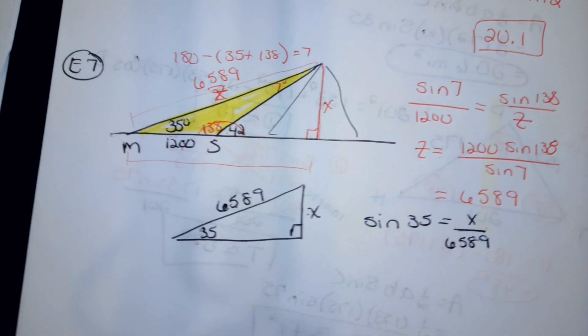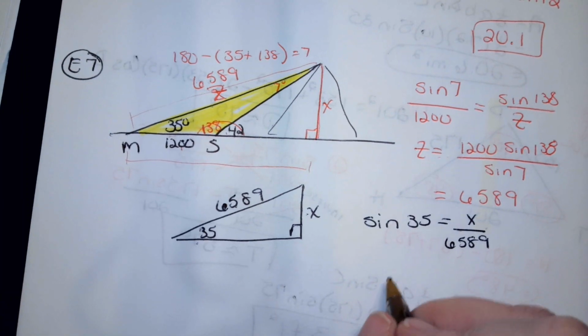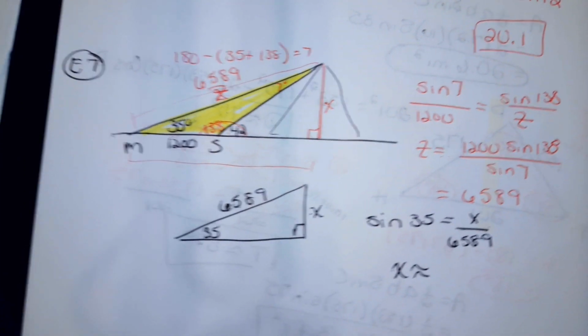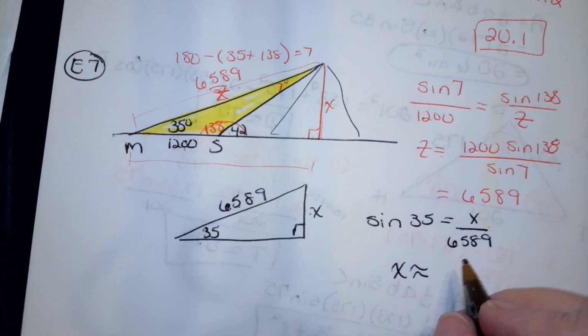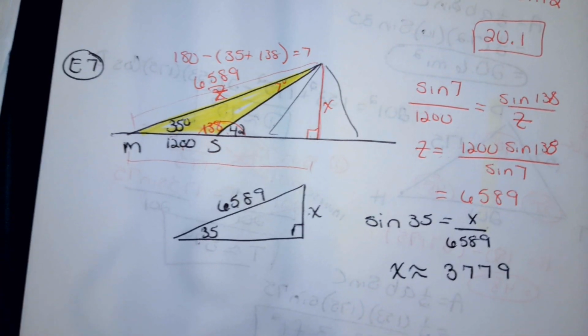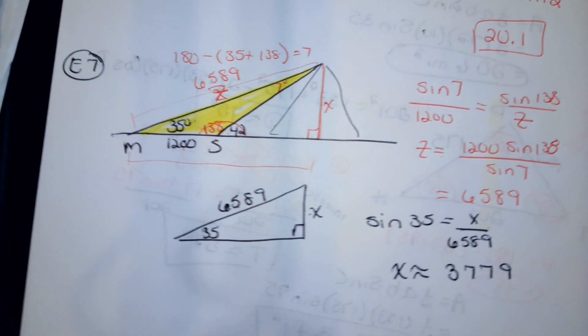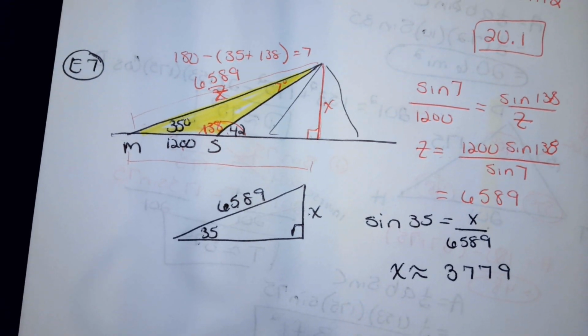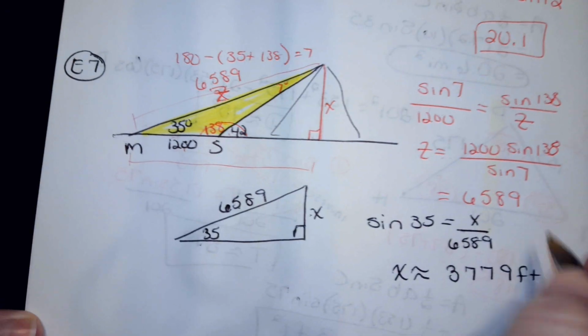We're looking for the numerator, so we're going to multiply these two right here. And when you multiply these two right here, we're going to get that x is approximately 3,779. Let's see, what were the units here for number 7? Feet. So feet.